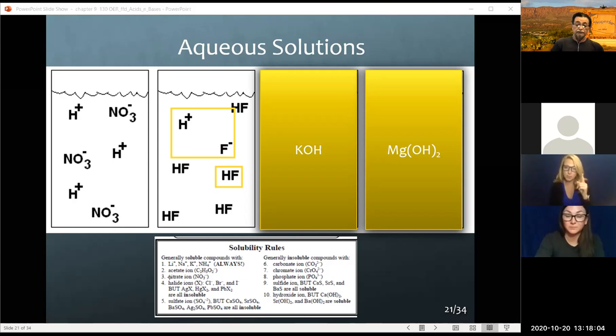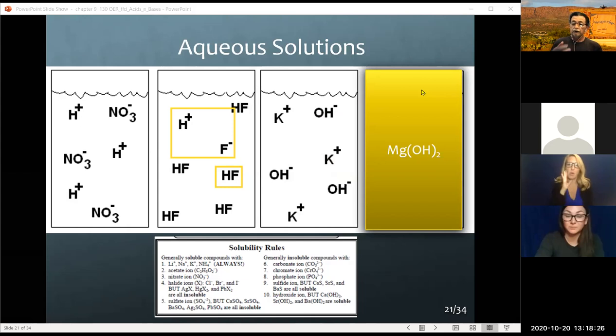Lithium, sodium, potassium, ammonium, always 100% soluble, which tells you I have a strong electrolyte, which tells you all of the ions that I put there, the potassium and the hydroxide, will be written as ions.